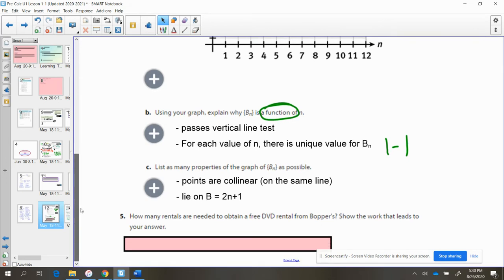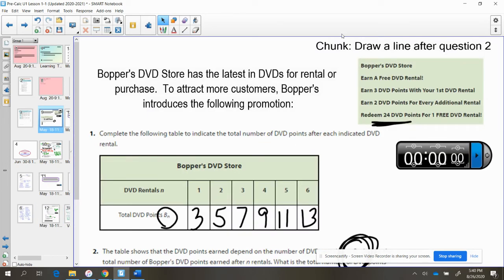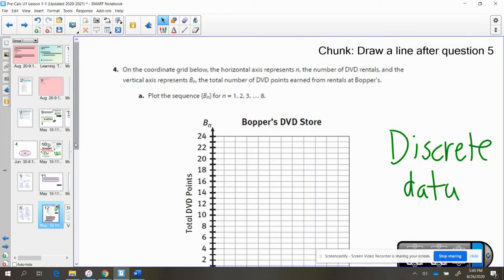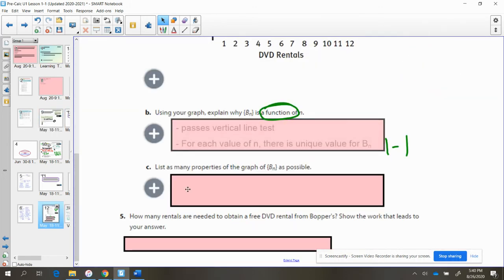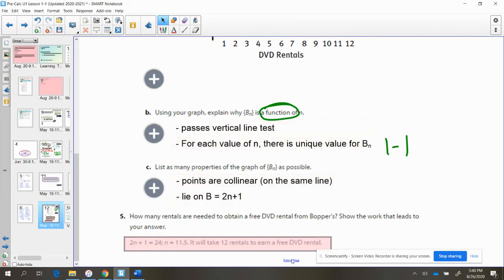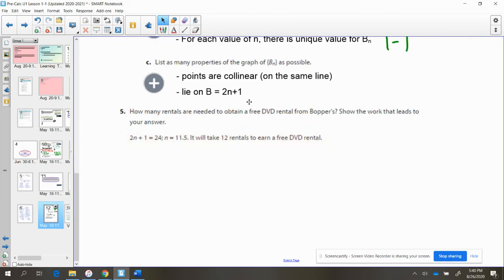Now, finally, we want to know how many times we are going to have to rent DVDs from Boppers to get our free rental. If you recall from the beginning, we said that we get a free DVD after 24 rentals. So we take that expression we came up with, 2n plus 1, and set it equal to 24.